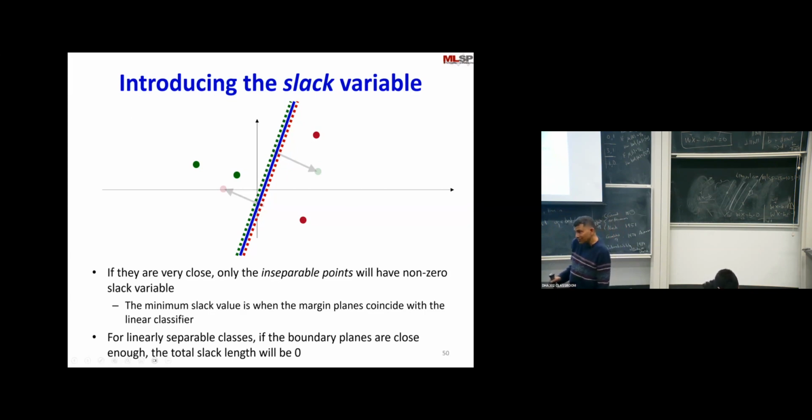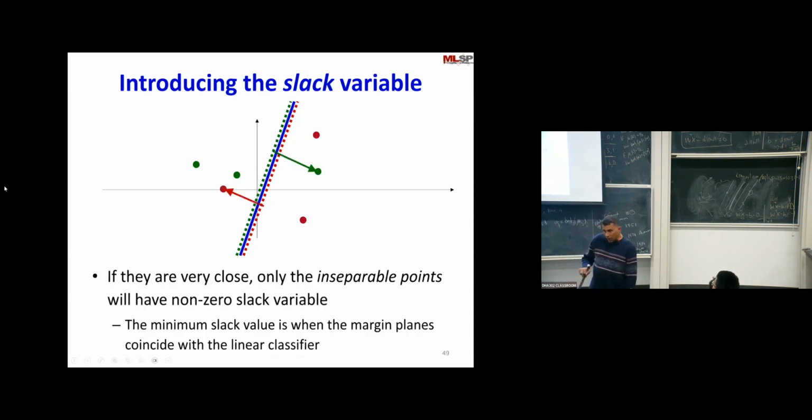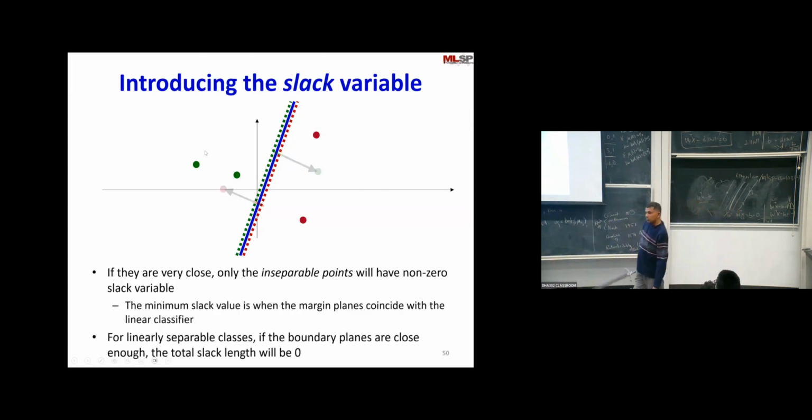They're too close, right? And so you have these two criteria. If the boundary planes are very far apart, you're going to find a great number of data points on the wrong side. If you minimize the distance of the data points on the wrong side, then the boundary planes end up being too close.